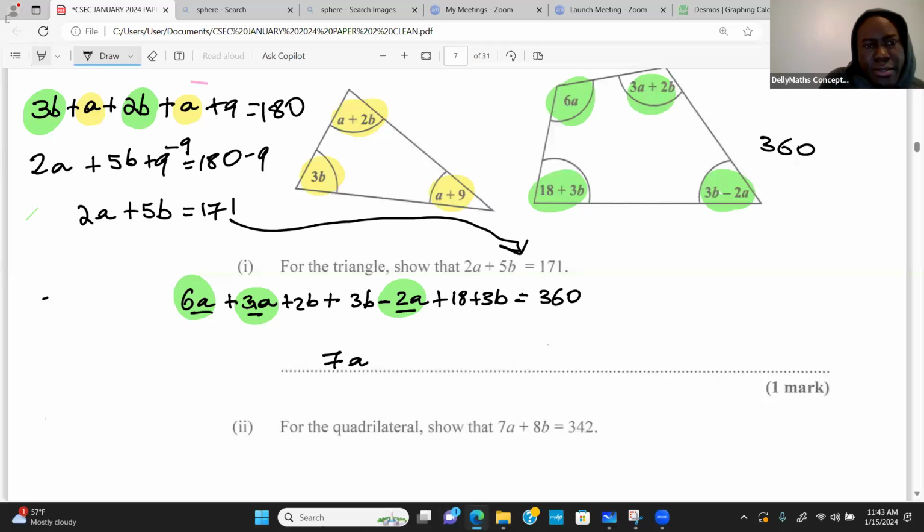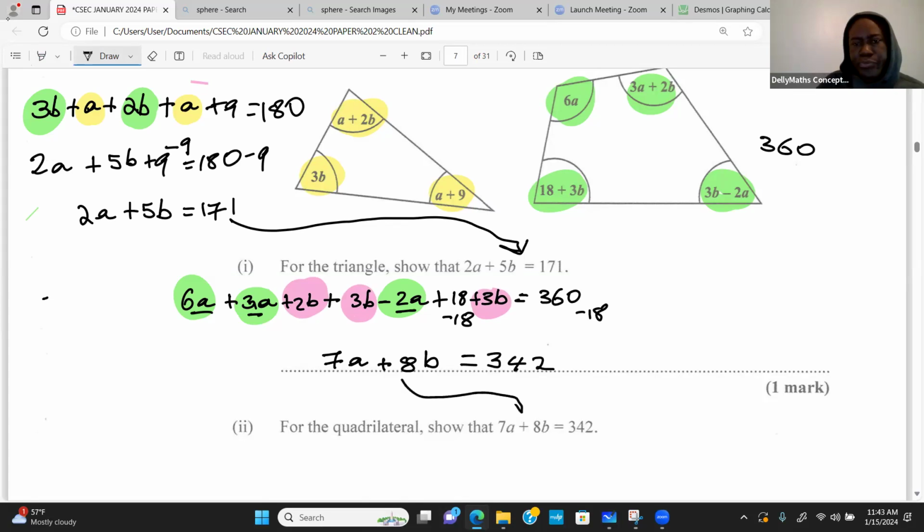Let's take a look at the b's. 2b plus 3b is 5b, plus 3 more, that's going to give me 8b. I'm going to subtract the 18 from both sides right here. So this is going to equal 360 minus 18, which is 342. Hence, we would have proven this one.